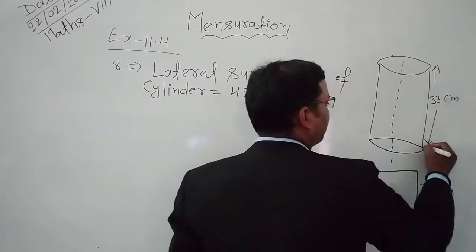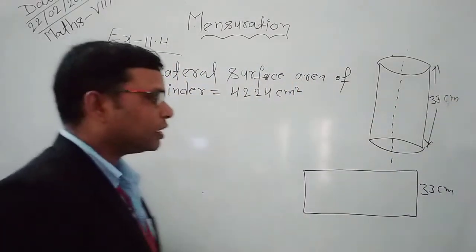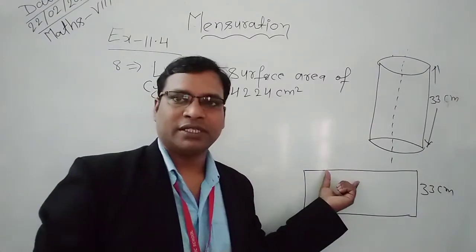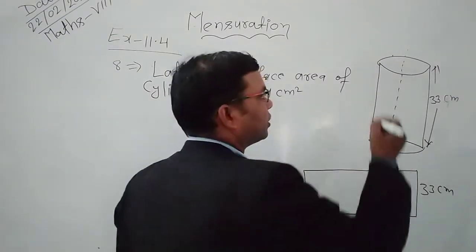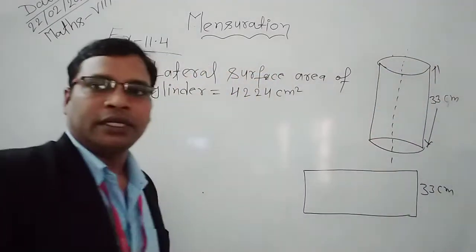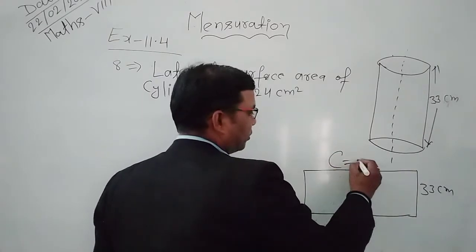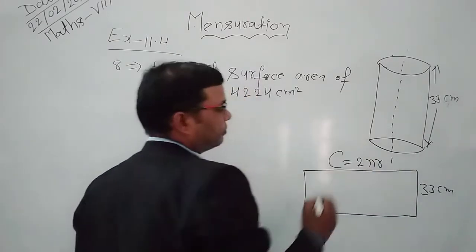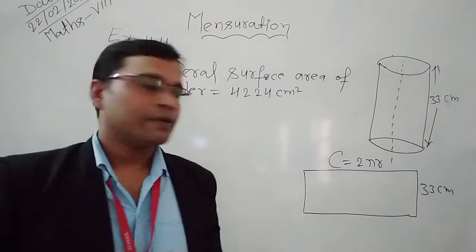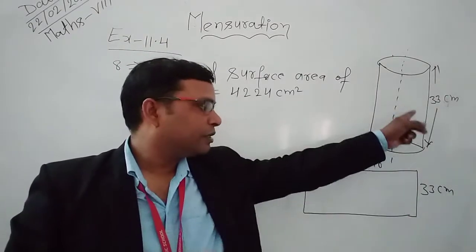Okay, this is clear. Now, what is the length of this rectangular sheet? The length of this rectangular sheet is the circumference of this cylinder. This is equal to C, where C means circumference of the cylinder. So height is given here, this is the width.